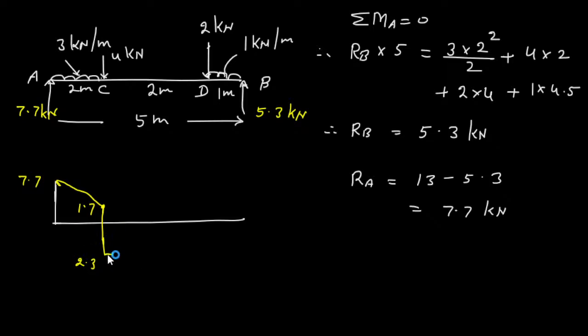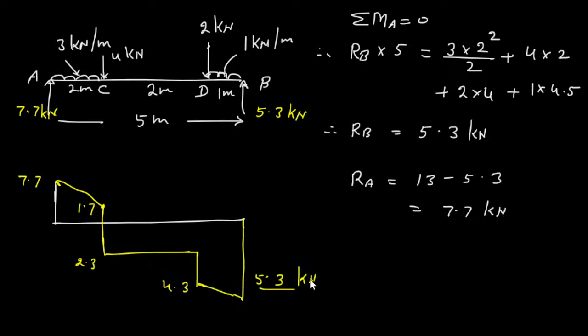Then I will go like this horizontal, and then there is a drop of 2. So 2.3, okay, again minus 2 is what? 4.3. And then there is a drop of 1, but it will go like this inclined because it is UDL, and then we will close like this. Okay, so this is 5.3.